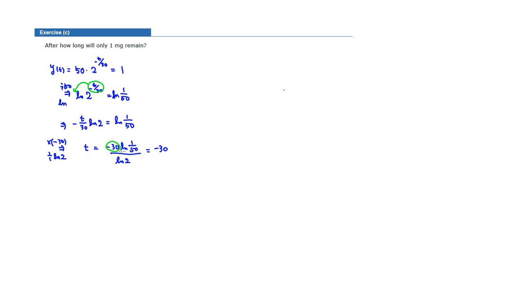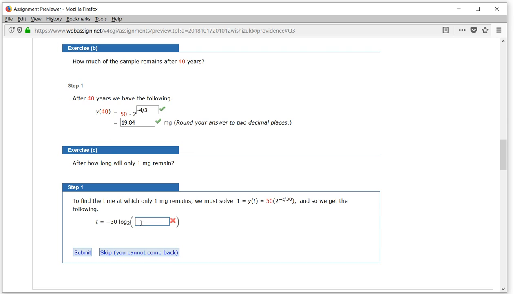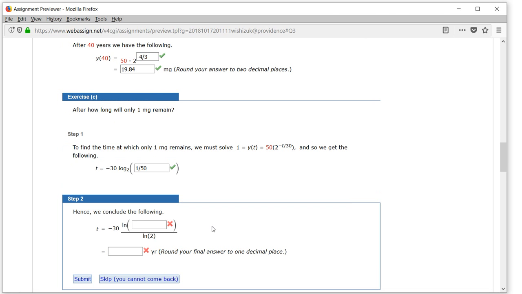The natural log of 1 over 50 over the natural log of 2 is log to the base 2 of 1 over 50. Let's type it in. It's a 30, so it's going to be 1 over 50. Let's check the answer. I came back and it looks like we got step 1 correctly.